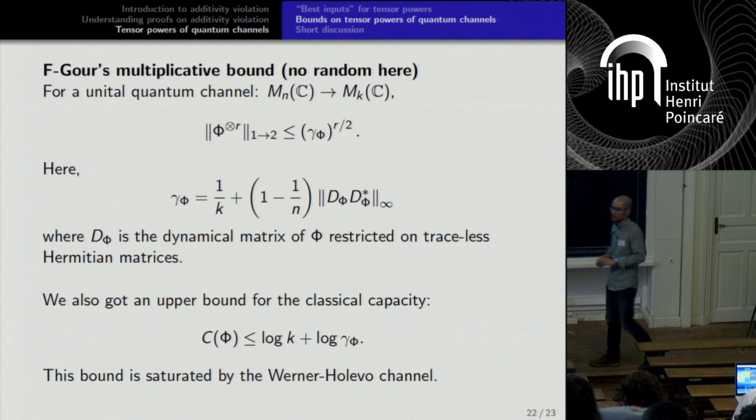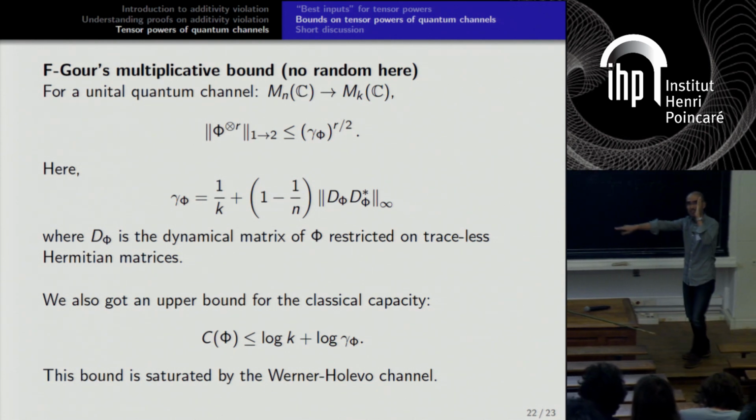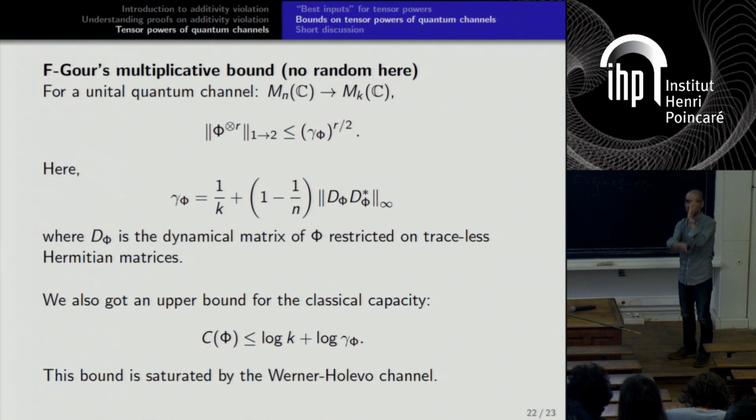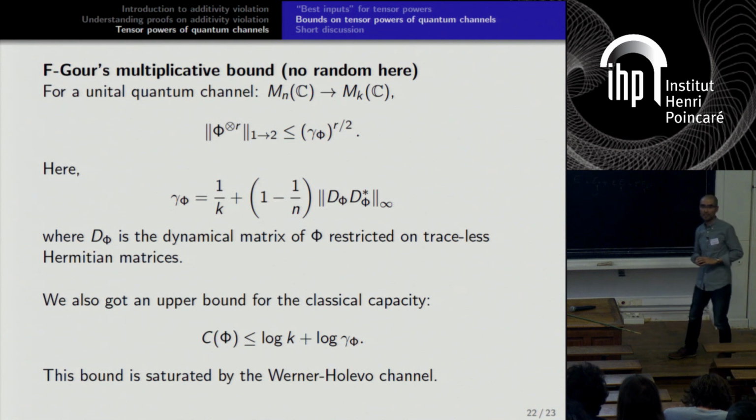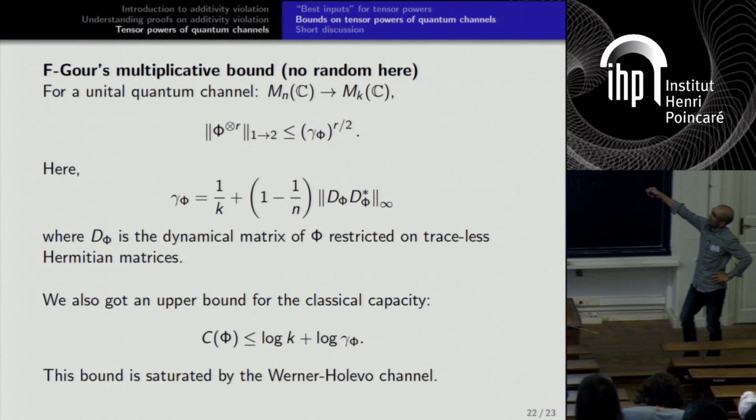Basically, a quantum channel is a linear map. So we have the identity, and we have other traceless matrices, which are orthogonal to this identity. We worked on this subspace, which is orthogonal to the identity, and we made a dynamical matrix here. And then its largest eigenvalue gives this quantity gamma.